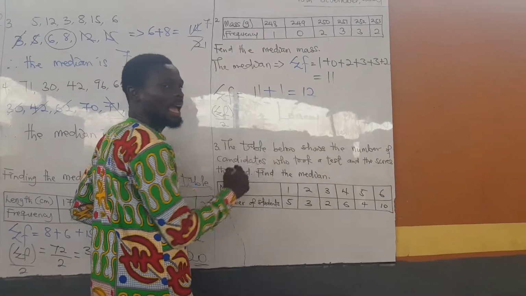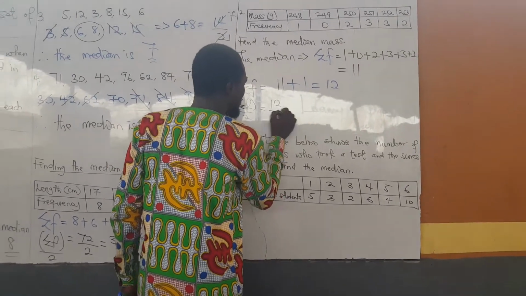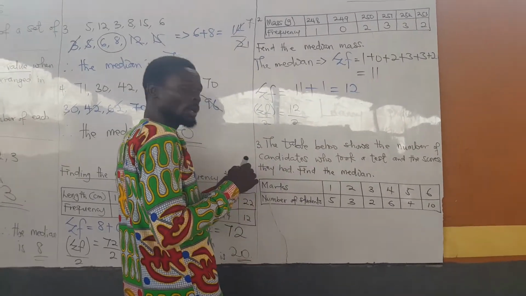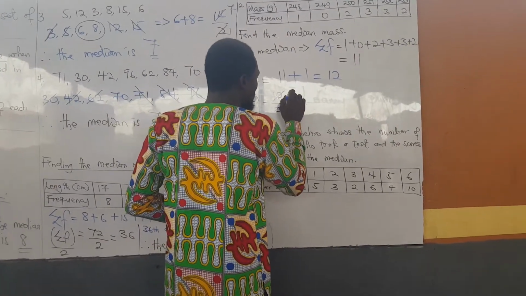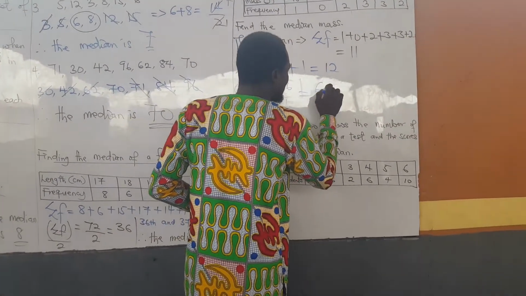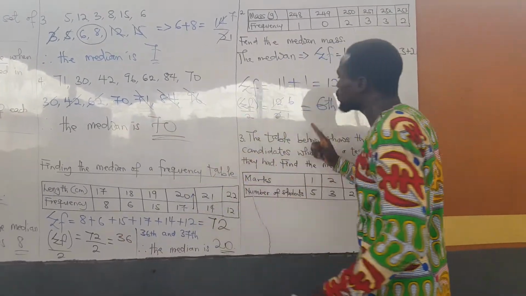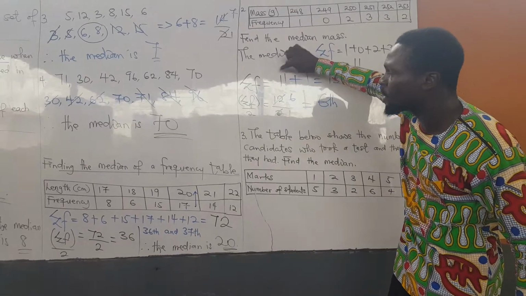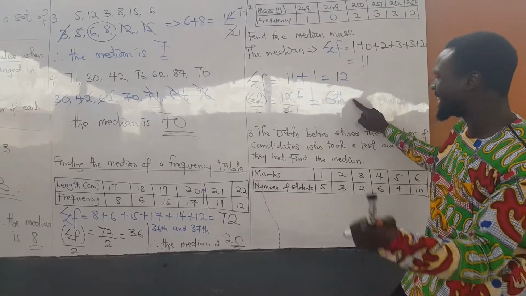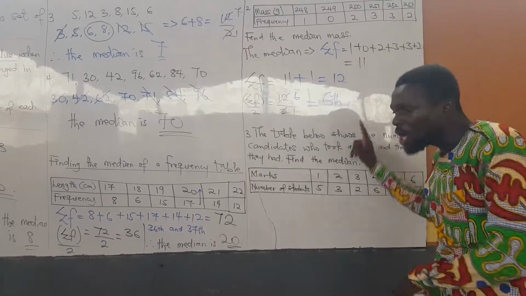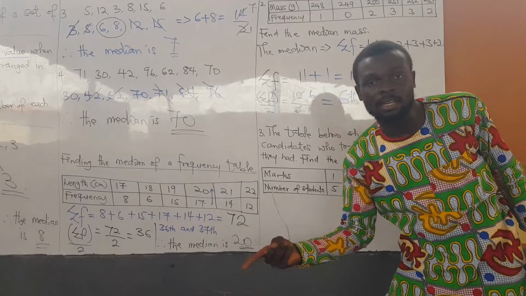So now that we have an even number, we are going to divide the sigma f by 2. After adding the 1, we have 12 divided by 2, which is 6. You are going to get the 6th observation. Now, because we added 1 to the frequency, after getting 12, we will not look for the next item, unlike where the frequency was even.